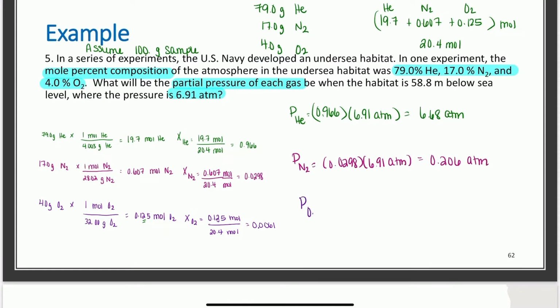And partial pressure of oxygen, mole fraction of oxygen, times the pressure of the total system, 0.042 atmospheres. So the pressure of helium, 6.68, pressure of nitrogen, 0.206, and the pressure due to oxygen, 0.042.